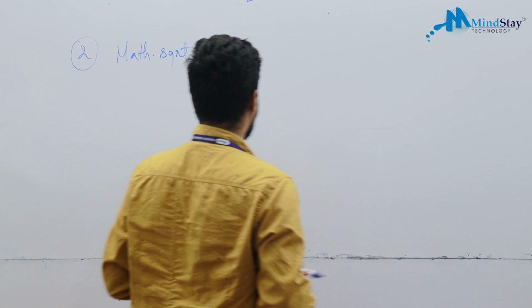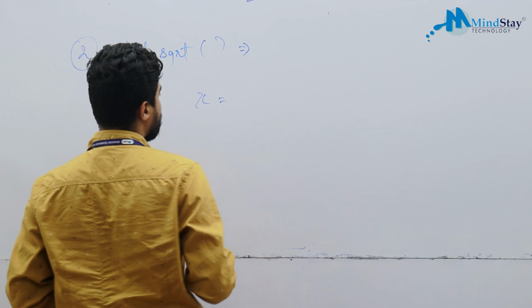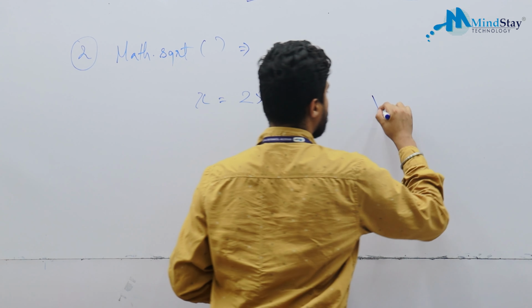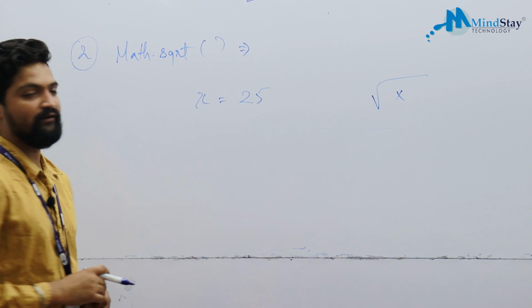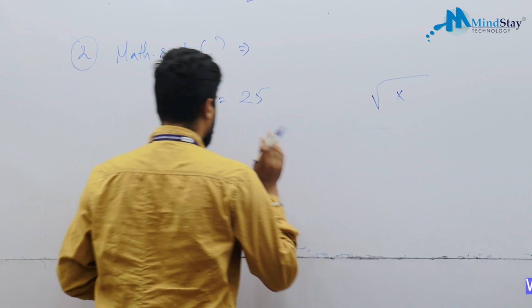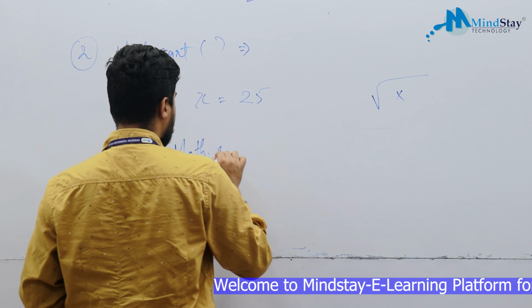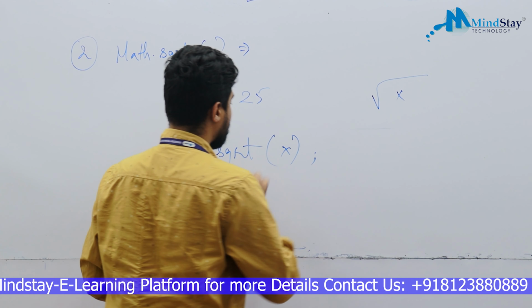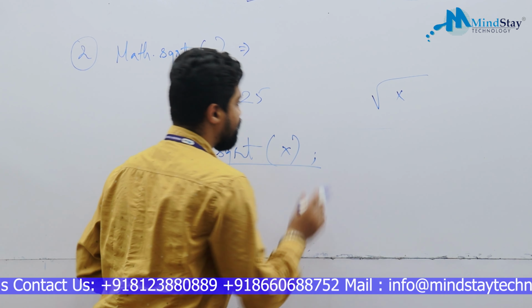For example, let us say my x is equal to 25, and I need to find the square root of x. So what I'm going to do is math.sqrt, and inside the bracket I'm just going to put x. That is it for math.sqrt.